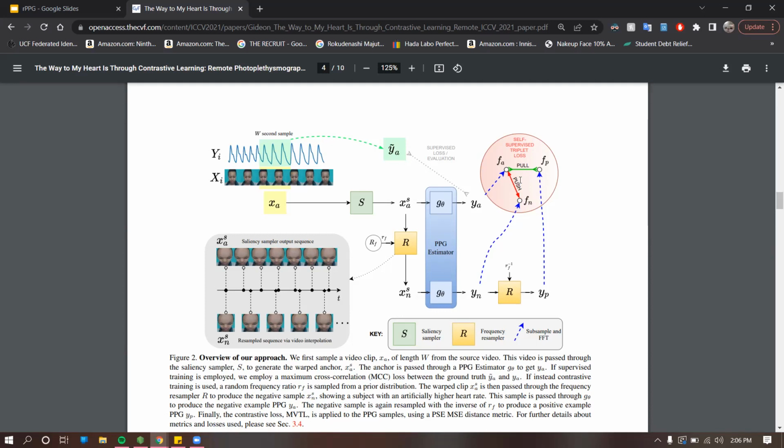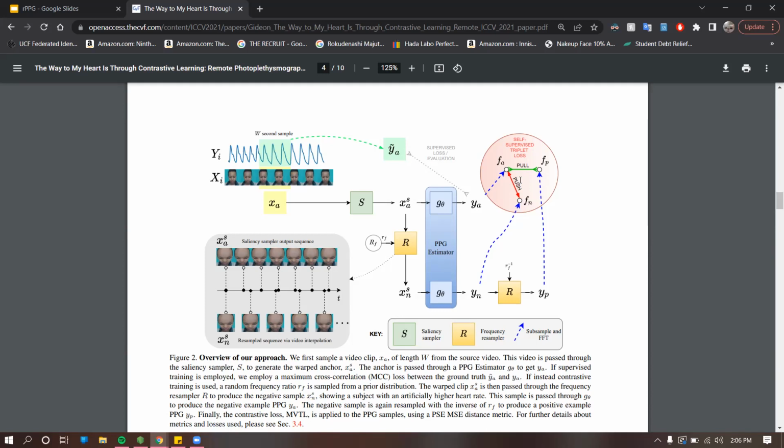So in the caption, it says, the anchor is passed through the PPG estimator to get YA, right? And employ a maximum cross correlation loss between the ground truths, YA tilde and YA, right? So the YA tilde is the ground truth and YA is the estimation, right?